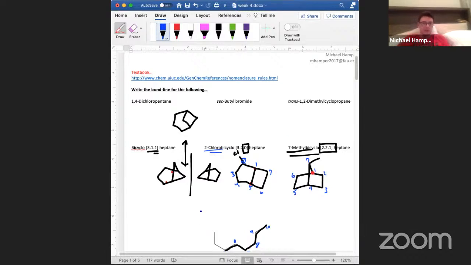So if you have a spiro molecule, you only have 2 numbers in the bracket.